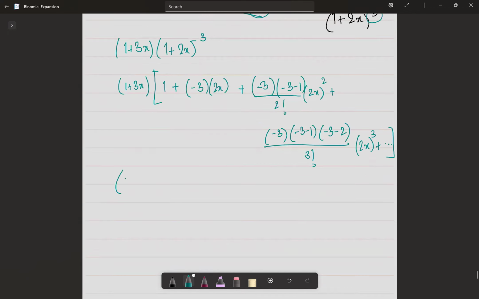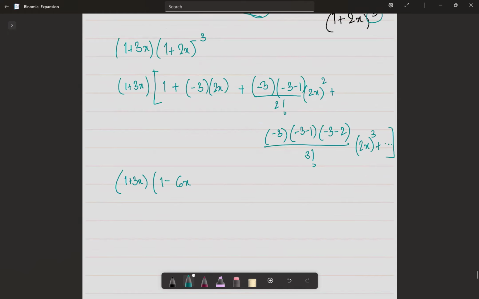So from here we have 1 plus 3x as it is. And if you simplify this, we get 1, then minus 3 into 2x gives you minus 6x. Then we have minus 3 into minus 3 minus 1, which is minus 4, divided by 2 factorial, which is 2, into 2 square, which is 4.